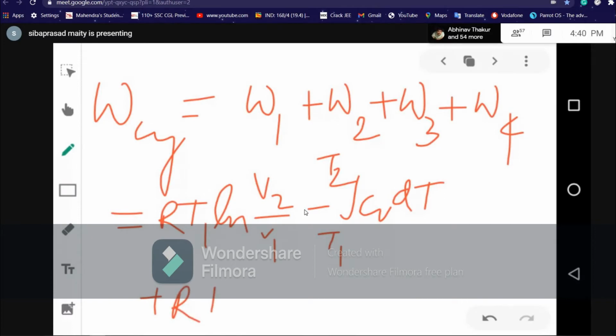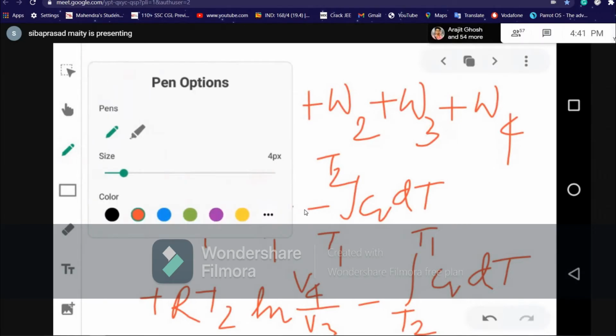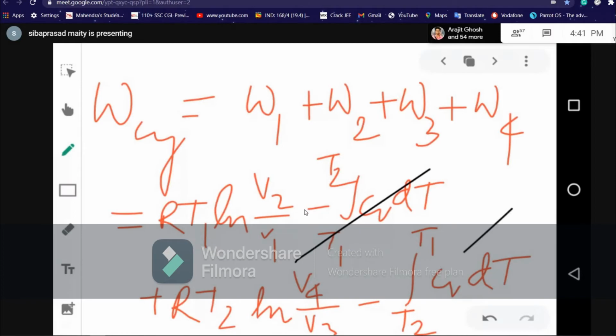Plus RT2 ln V4 by V3 minus T2 to T1 CvdT. W2 and W4 will cancel. But by expression we have to write first, then later we will cancel, isn't it? I have used all these terms, but W2 gets cancelled by W4, isn't it?